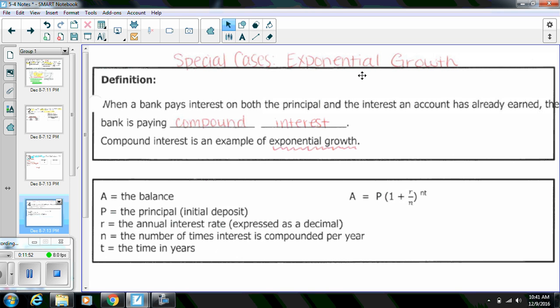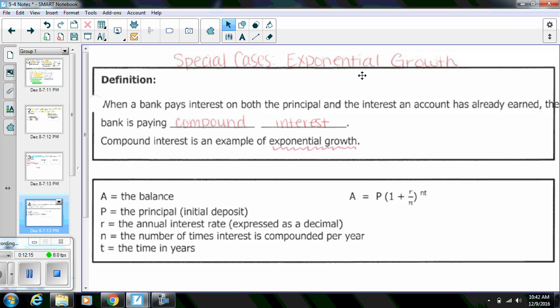So let's talk about this. The definition of this special case is that when a bank pays interest on both the principal balance and the interest an account has already earned, the bank is paying compound interest.